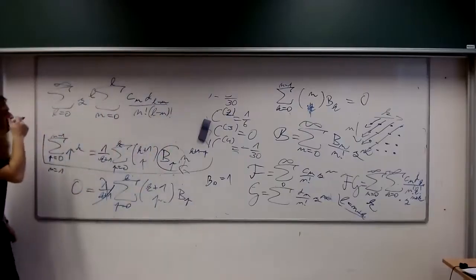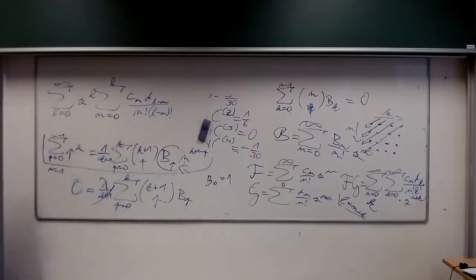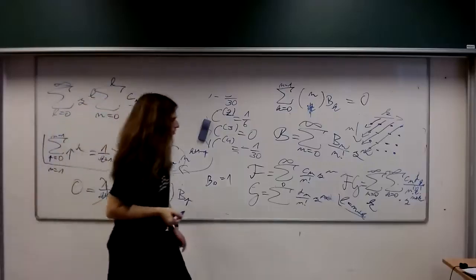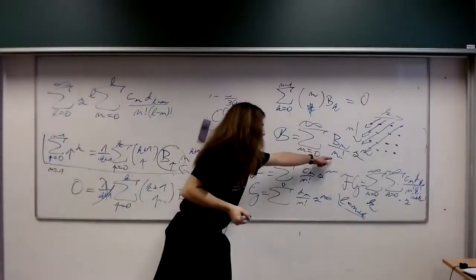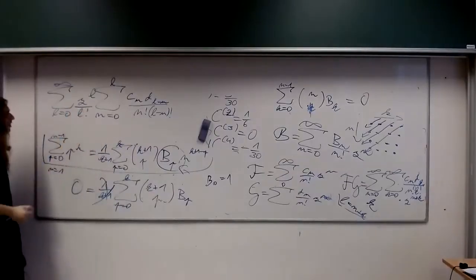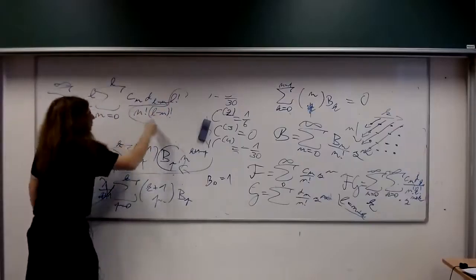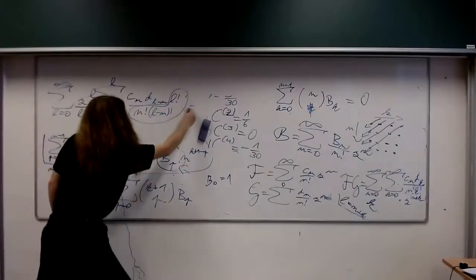And here we see why it's so great to use that kind of function, because if we want to express the product as the same kind of function with the factorial in the denominator, then we just add L factorial here, and we get the binomial coefficient just like that.